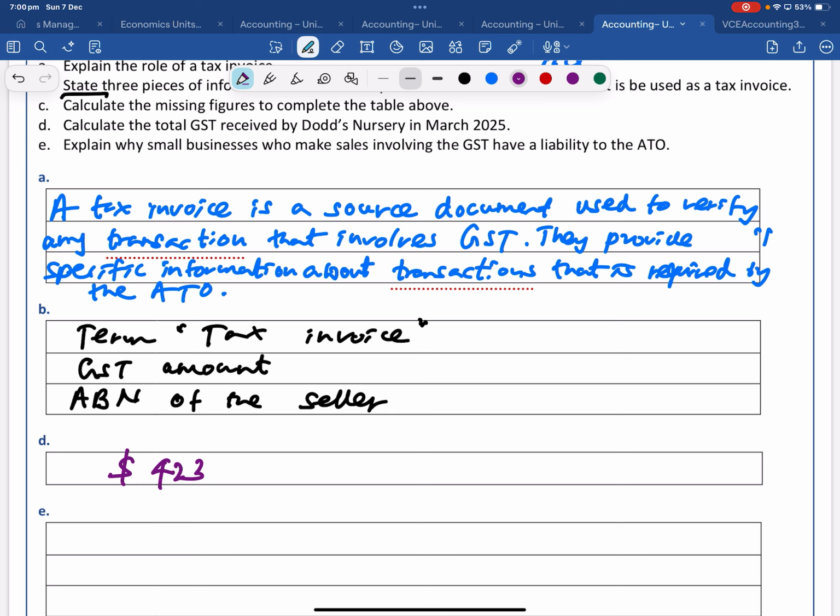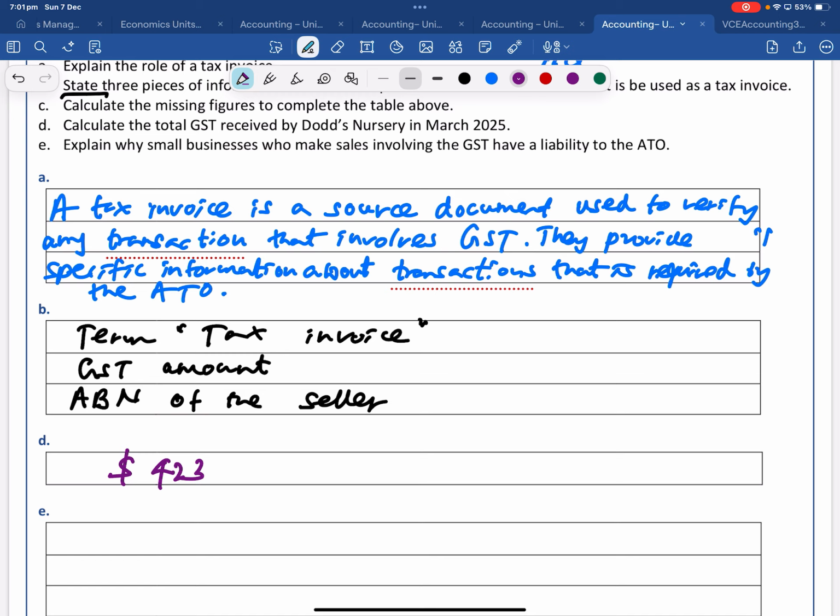Small business is very small in size by number of employees: 20 or less is a small business.